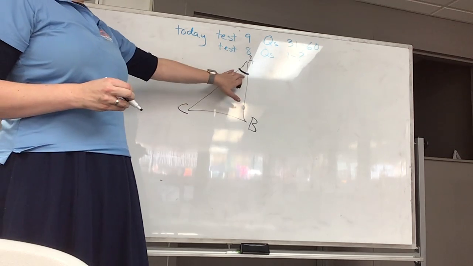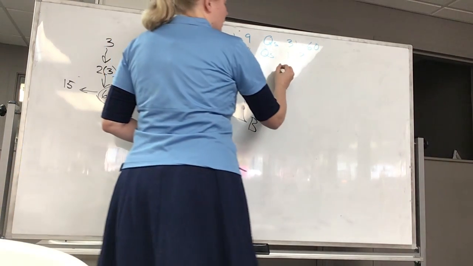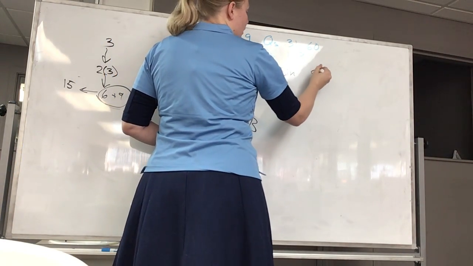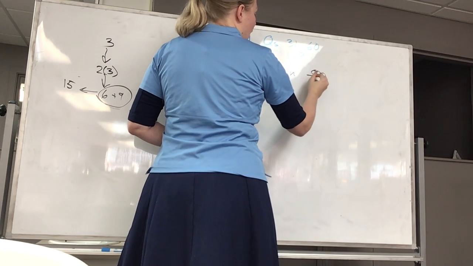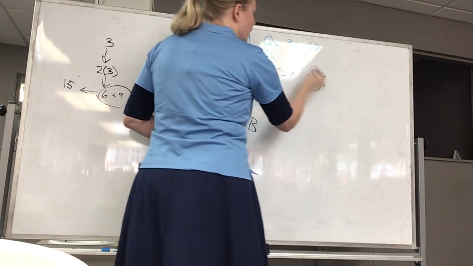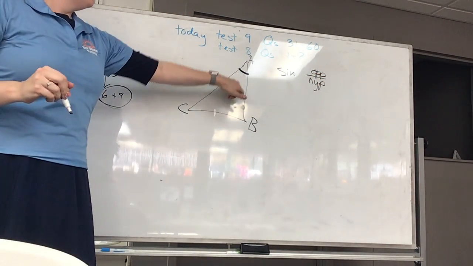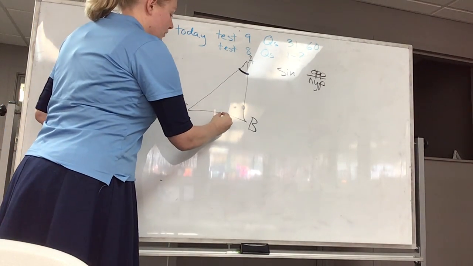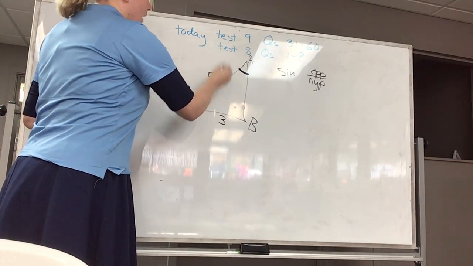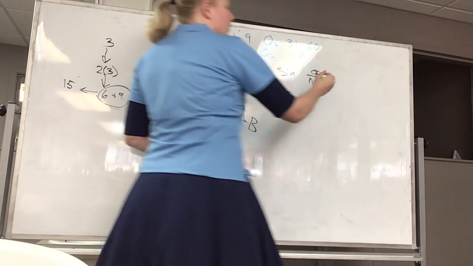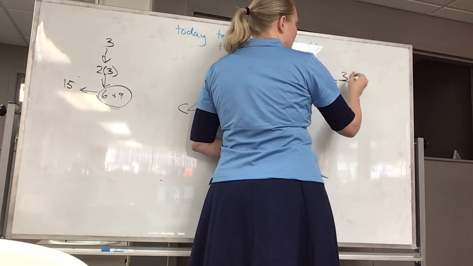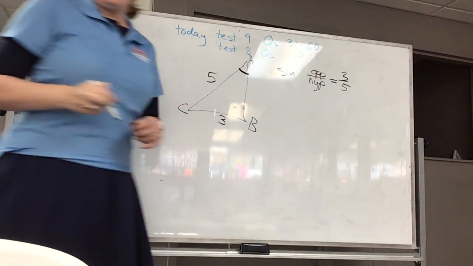Remember that a sine is talking about the opposite over the hypotenuse. So we can treat this as the 3 and this as the 5 because it told us the sine equals 3/5.